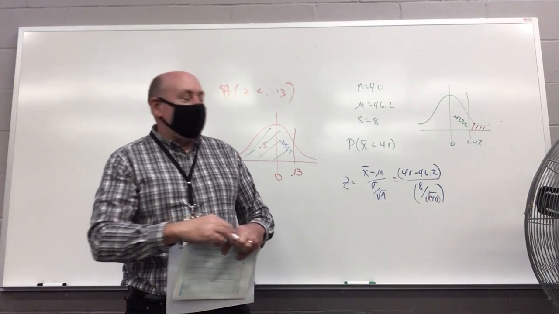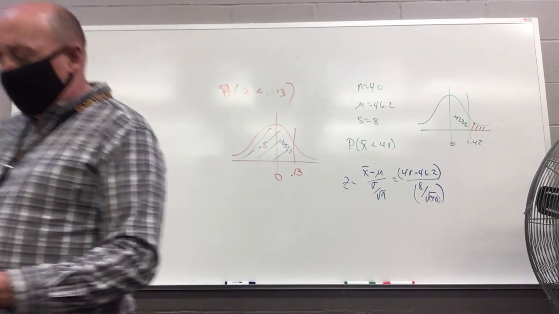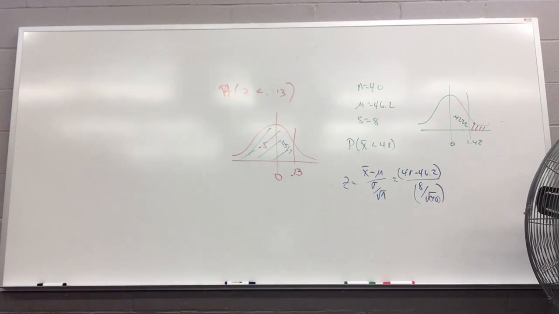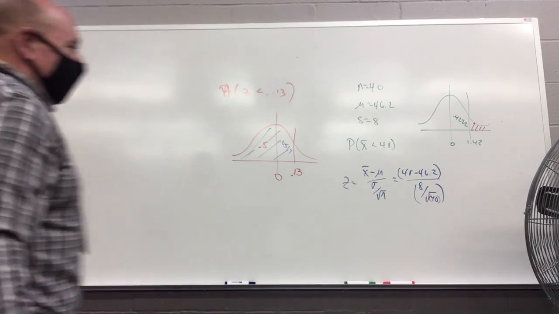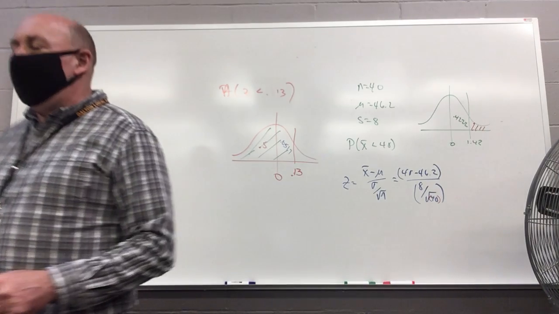So we have to subtract that from 0.5 to give us 0.0778. The first and the last one were the two that gave us some problems. The middle two we were fine with. The last one, it was just being able to handle the bottom here. A lot of you divided by 8 times the square root of 40. It's 8 divided by.